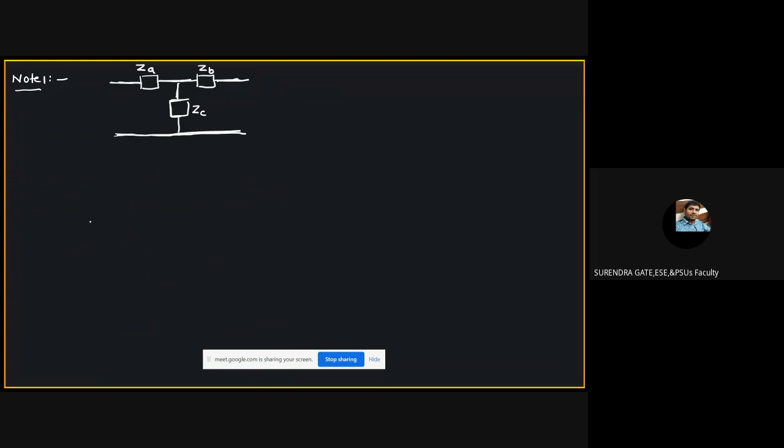Z parameters are easily calculated: ZA plus ZC, then ZC, and also ZC, and ZB plus ZC.